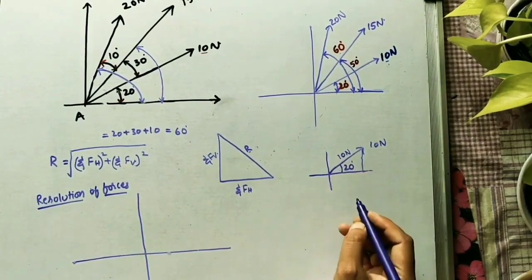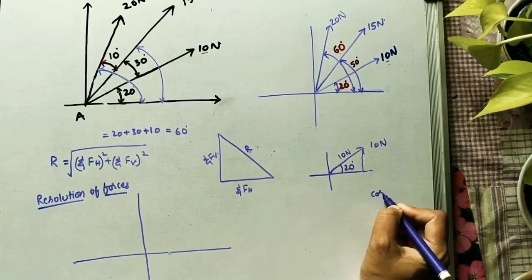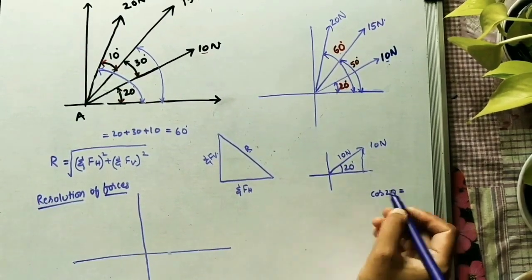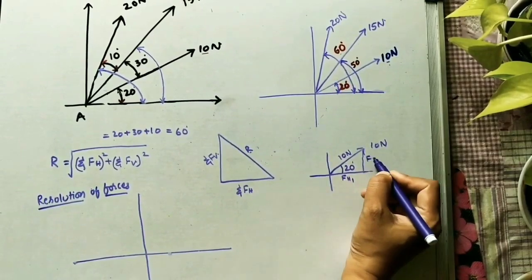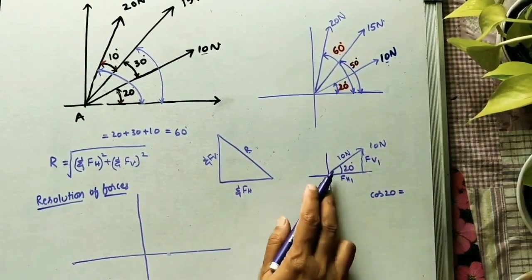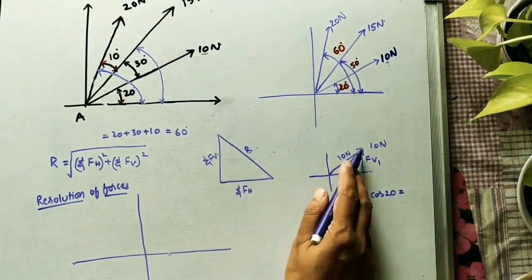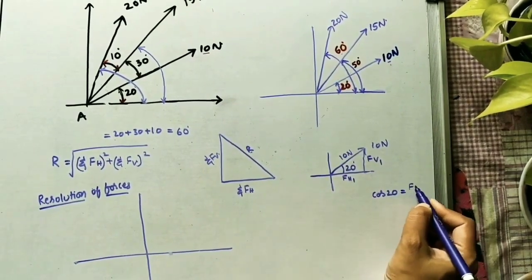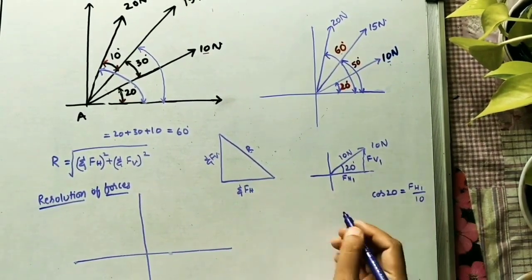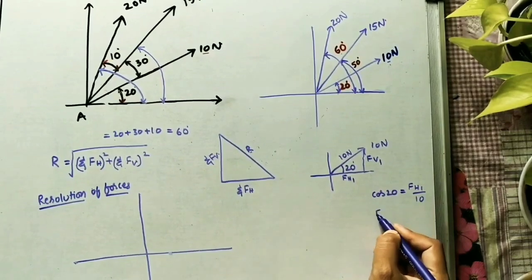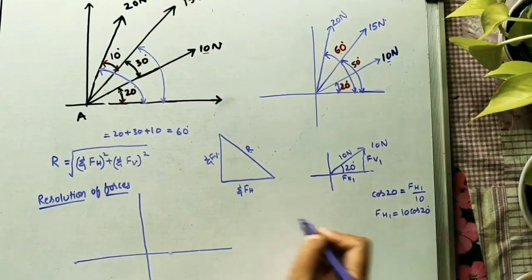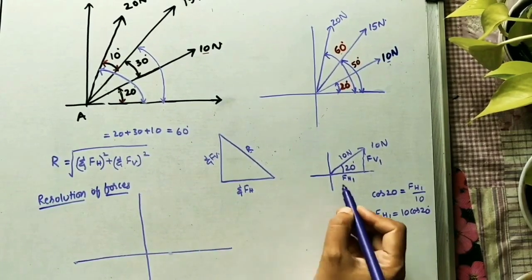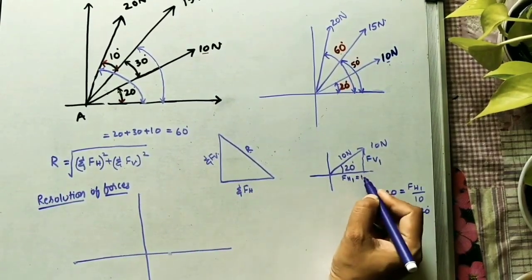In the right angle triangle, we can apply cos 20 is equal to this horizontal component, FH1, let us take, and vertical component is FV1. Cos 20 is equal to FH1 by 10. From this we want FH1. FH1 is equal to 10 cos 20. Similarly we can write this value here, 10 cos 20.